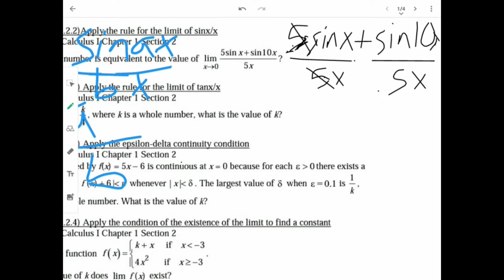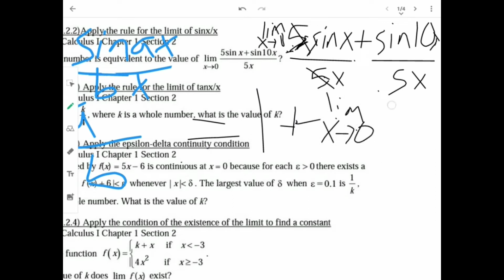So the 5's cancel. So limit as x approaches 0, you no longer need to do that for that because it's 1. Plus limit as x approaches 0 of sine 10x over 5x.